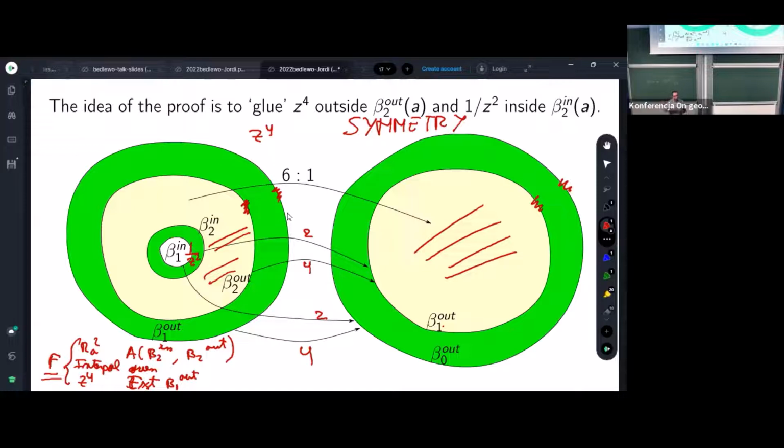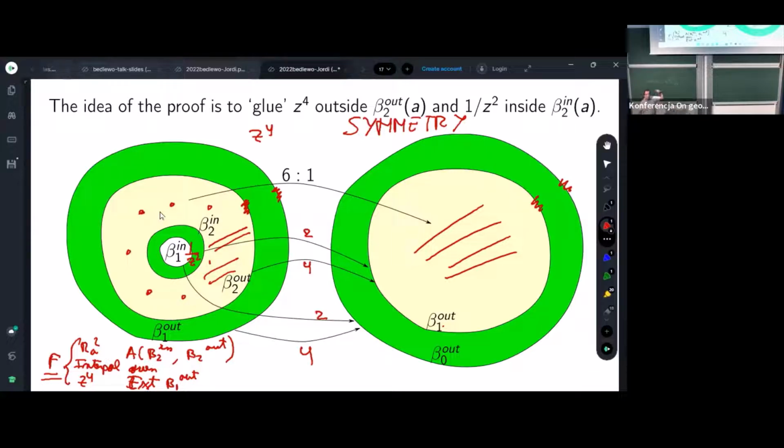What happens is that these 3 critical points after perturbation appear near infinity. Since 0 is mapped onto infinity with degree 2, these 3 critical points near infinity become 6 critical points near 0. They are here: 1, 2, 3, 4, 5, 6. So we have 6 critical points which appear near 0.